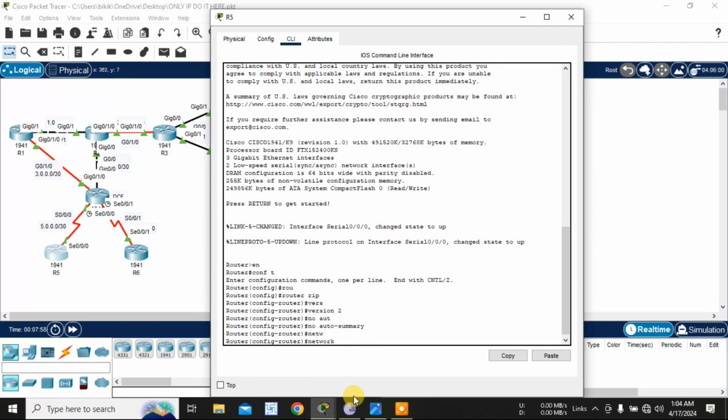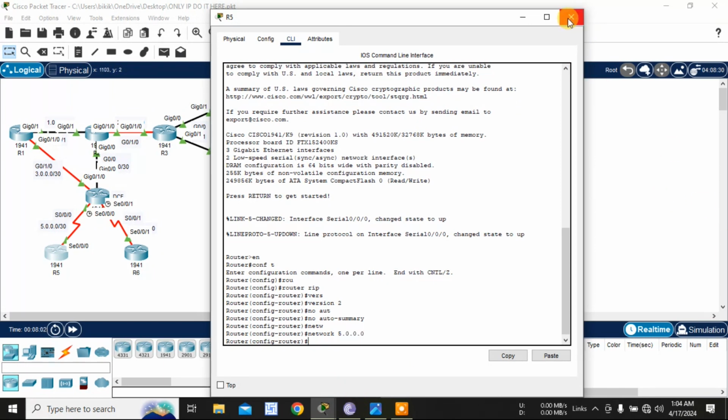For router number 5, the network is 5.0.0.0, and done for router number 5.